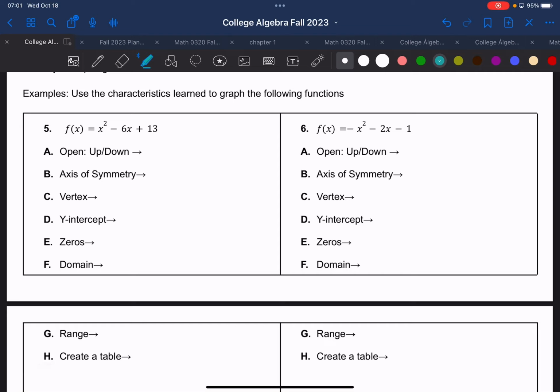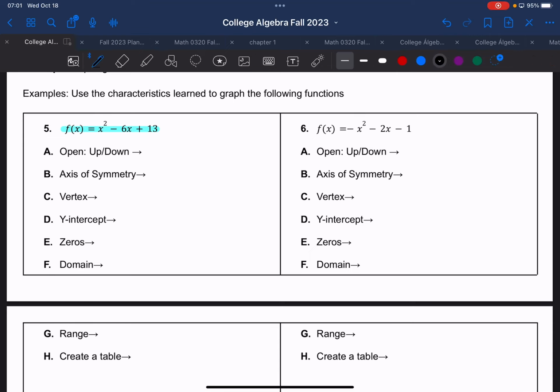So we're going to answer all of the same things. On number 5, we're looking at this function, f of x is equal to x squared minus 6x plus 13. So first part, does it open up or down?